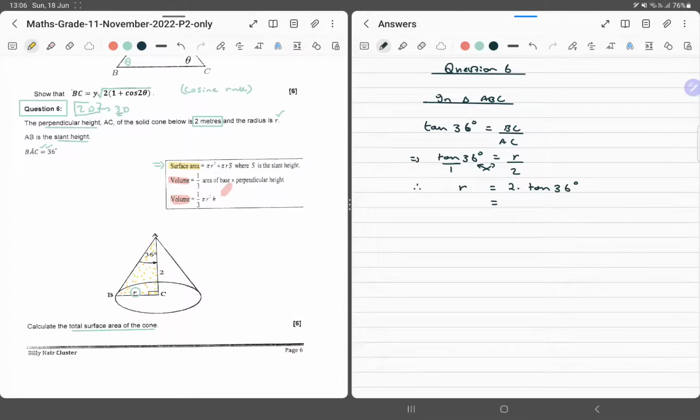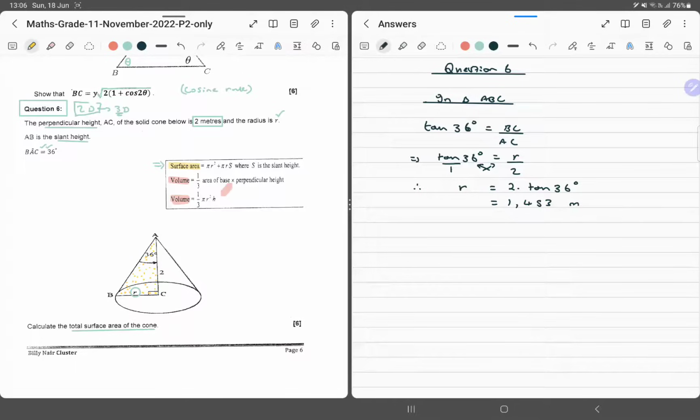Which is, let us do the things. 2 into tan 36 is 1.453. Of course, we don't round off to 2 decimal places too soon, okay? So meters.